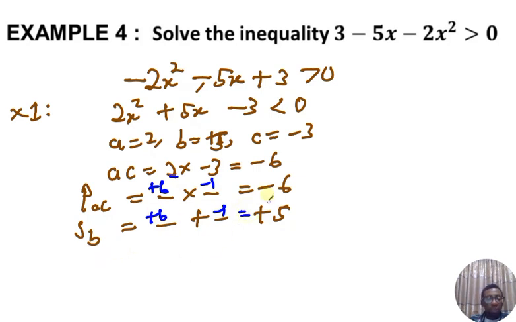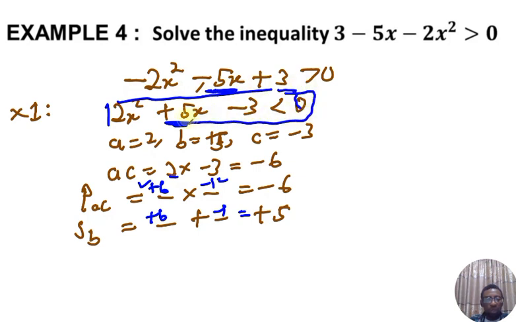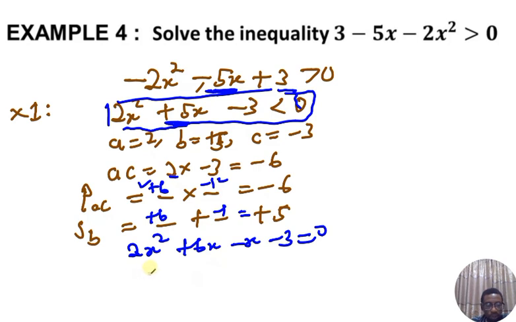So what I'll do is use plus 6 and minus 1 to replace the middle term. That will give me 2x squared plus 6x minus x minus 3 equals 0. So I just want to solve the quadratic inequality. I'll factorize this.